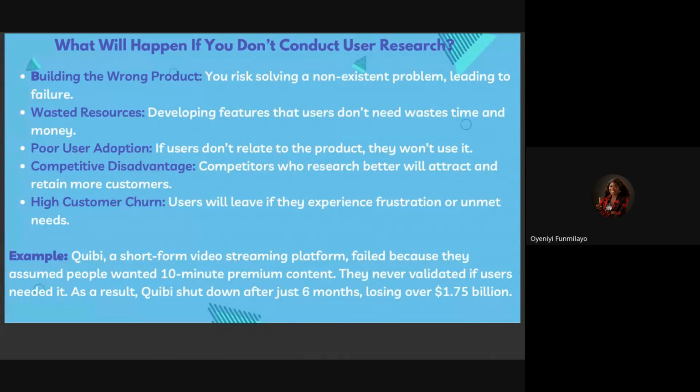And that's why when you are going to start working as a product manager, I beg of you, your CEO will come and be telling you, oh, let's build this, let's build that. I'm not saying you should not obey your CEO, but you need to also make your CEO understand that I understand this is your opinion, this is what you want for this product, but can we conduct a user research first?